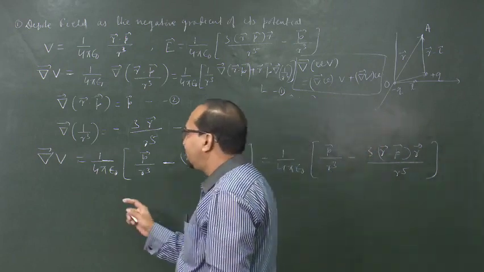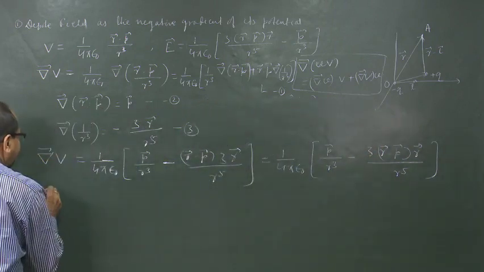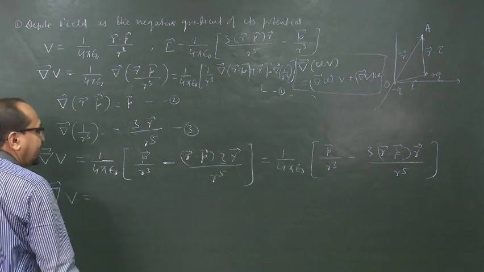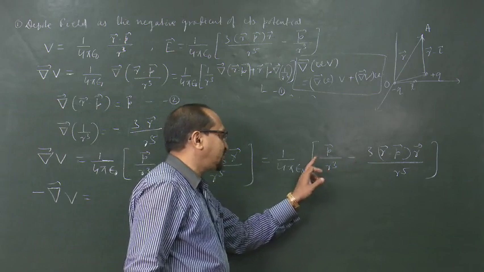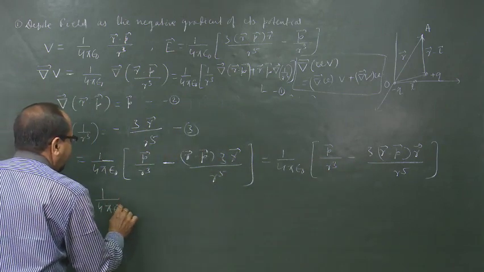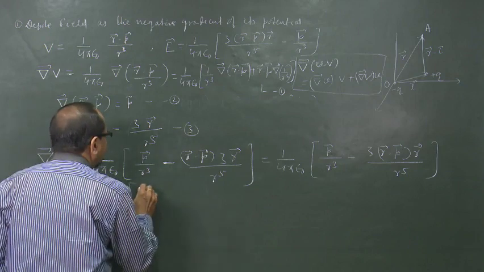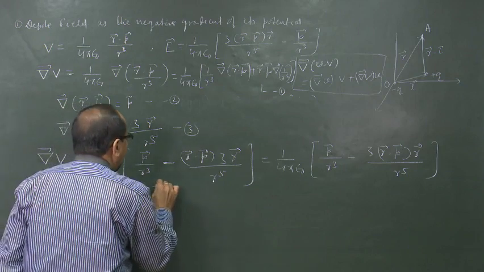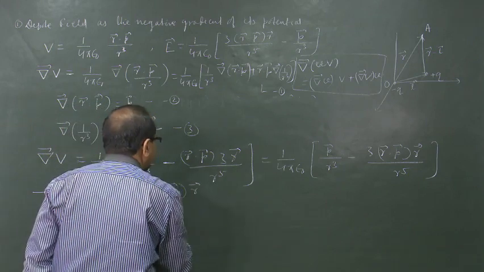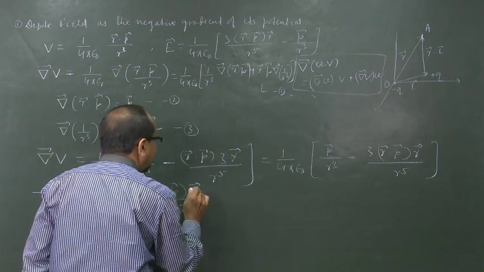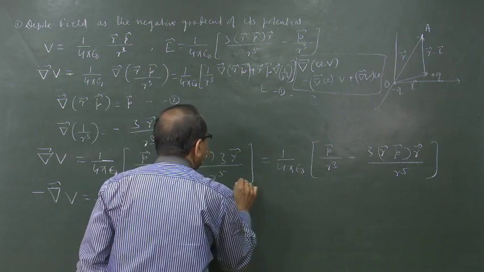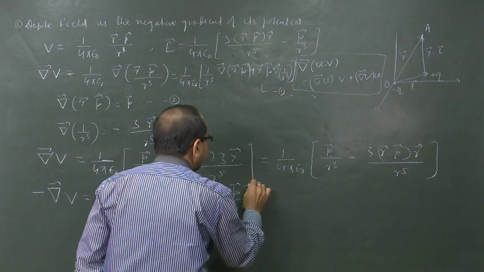This is gradient of V, and if I take minus grad of V, then this becomes plus, this becomes minus, and we get 1 by 4 pi epsilon naught into 3 r dot p into vector r divided by r to the power 5 minus p by r cube.